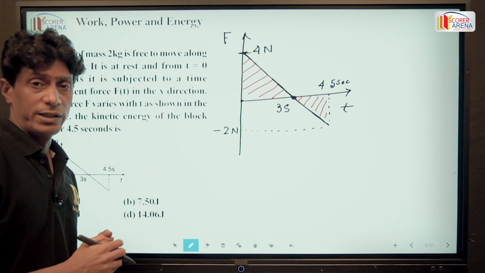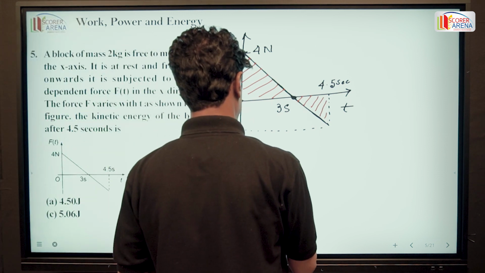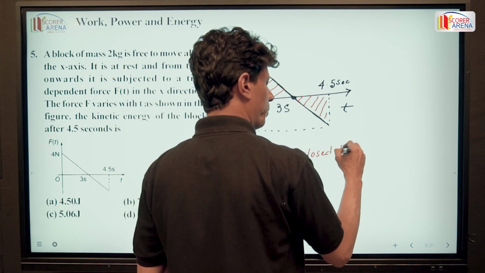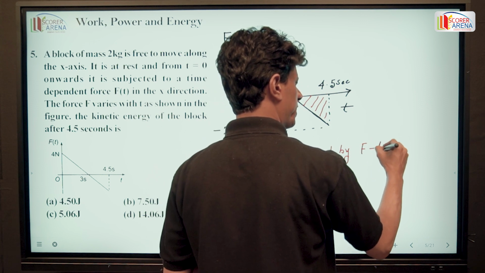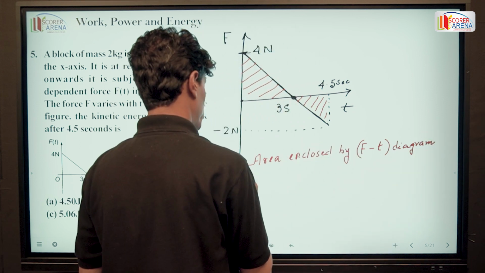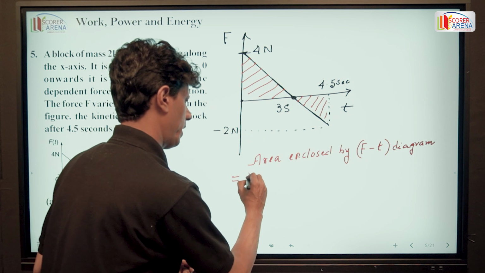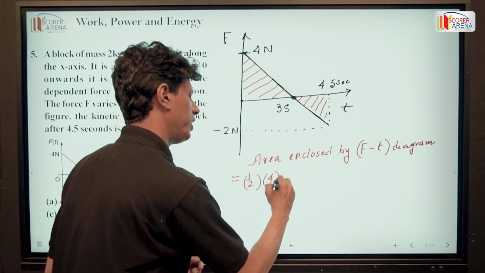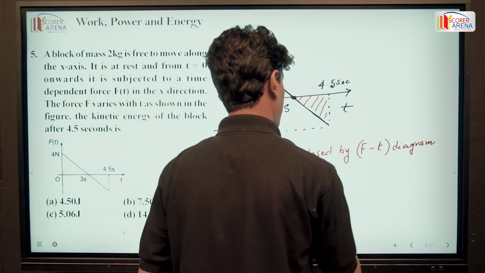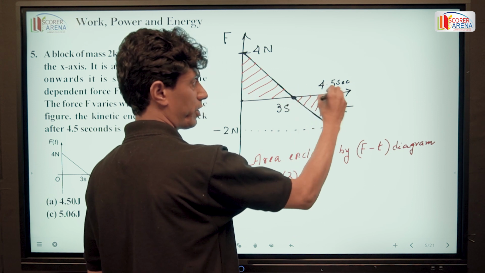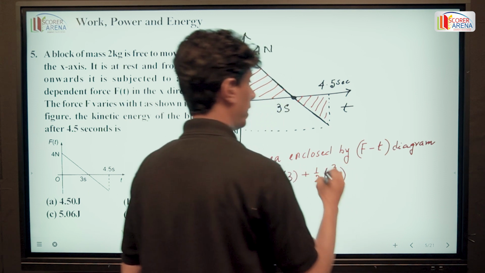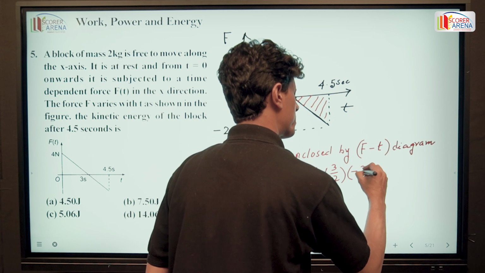if we find the area enclosed by the graph, what does it mean? The area enclosed by the F-t diagram is equal to half into 4 into 3, plus half into time, which is 3 by 2 seconds, so 1.5 seconds, and the force is minus 2.